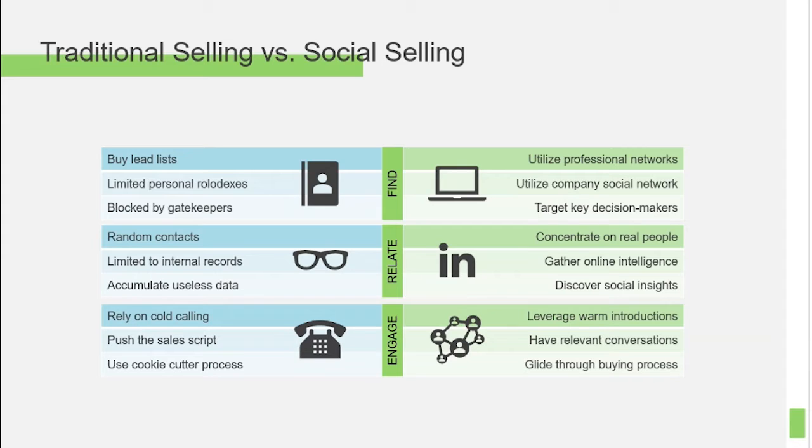Looking at this little graphic, a couple of things for me. On the left-hand side, I kind of see Alec Baldwin's face in Glengarry Glen Ross, if anybody's watched that movie, in terms of the boiler room. It's the people on the other end of the phone, smashing their teeth cold calling. Now, I think there's always a place for getting on the phone and having good dialogue with people.